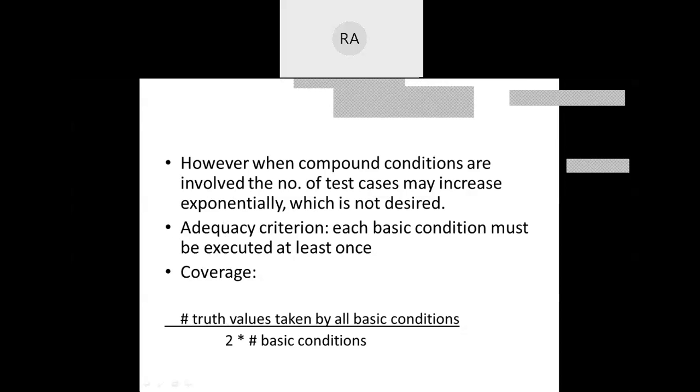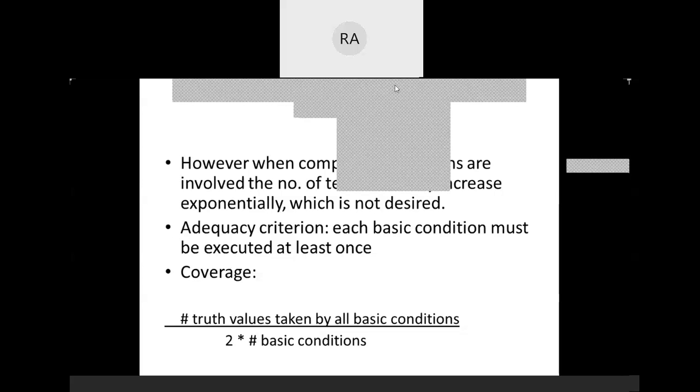How many truth values can it have? Two only. We'll look into the numericals with respect to these things. Divided by, why 2? Because it can be either true or false, into the number of basic conditions which are present within your code. So this is what I call conditional coverage, and it is different from branch coverage.